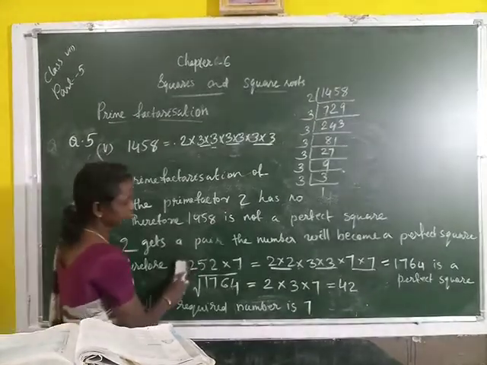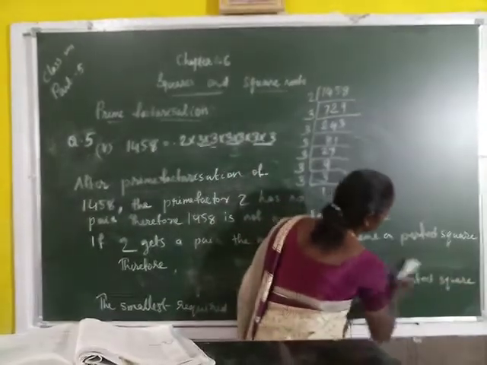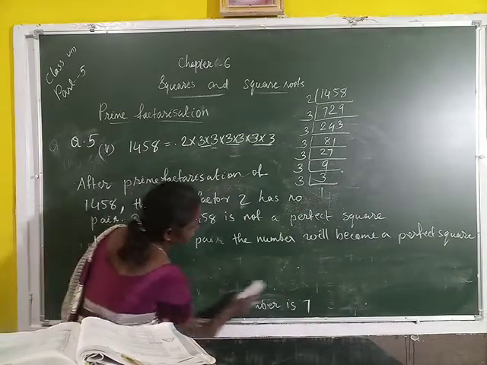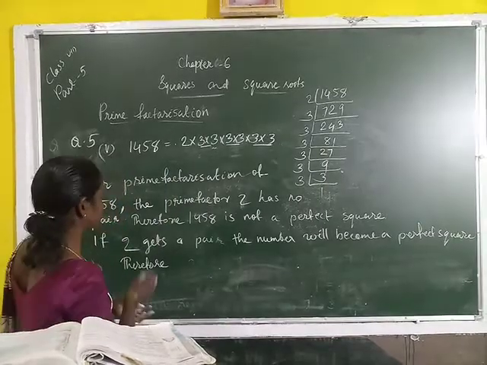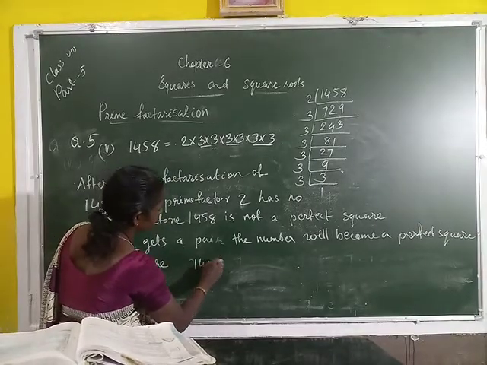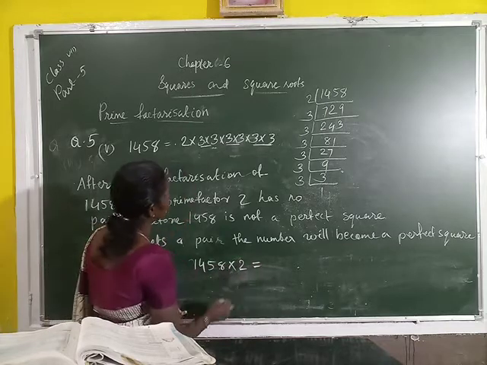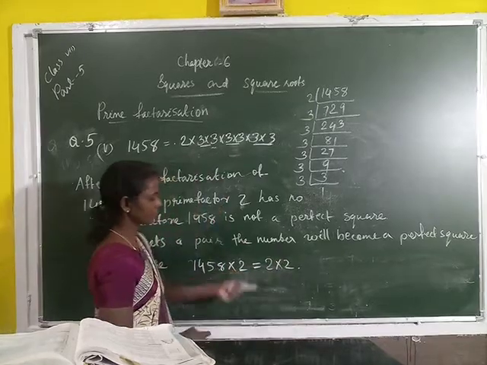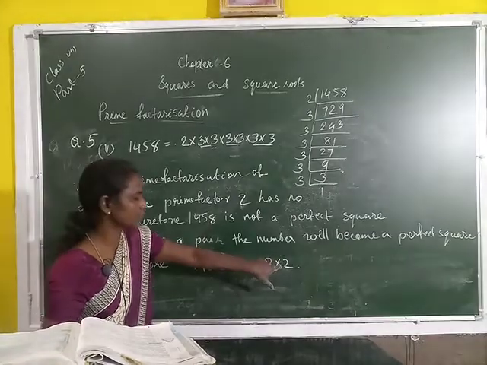Therefore 1458 multiplied by which number? 2 is equal to, we get 2 into 2. This number is multiplied by 2, so 2 into 2 to get a pair.